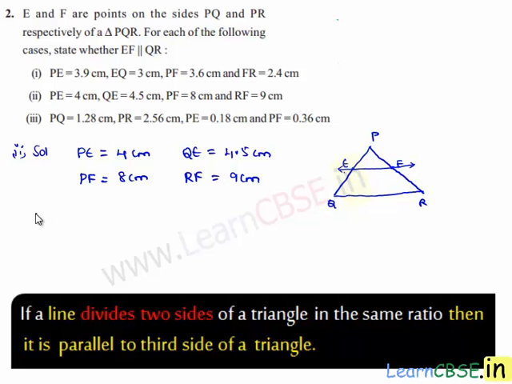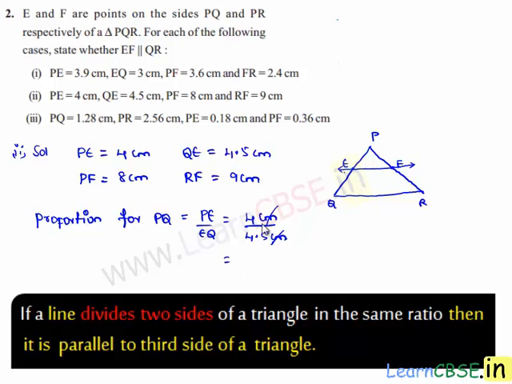So let us find proportion separately for both sides divided by line EF. That is, proportion for PQ will be PE by EQ, which is equal to 4 centimeters by 4.5 centimeters. As centimeter is common in both numerator and denominator, that will be cancelled.